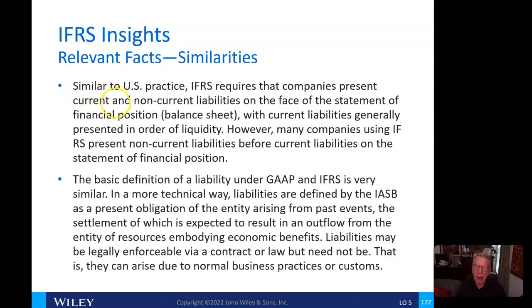The U.S. would call that the balance sheet, with current liabilities generally presented in order of liquidity. However, many companies using IFRS present non-current liabilities before current liabilities on the statement of financial position.